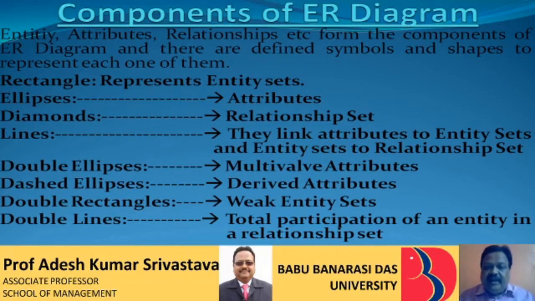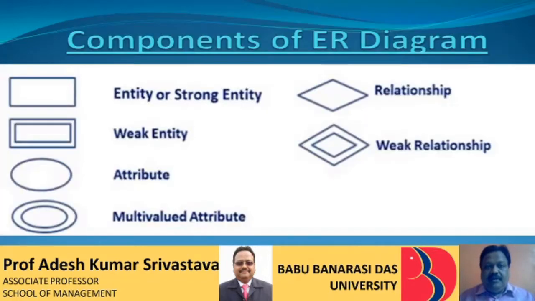They link attributes to entity sets and entity sets to relationship sets. Likewise, we use double ellipses to represent multi-value attributes and dashed ellipses to represent derived attributes. A double rectangle represents weak entity sets. Double lines represent total participation of an entity in a relationship set. So now we'll be discussing all these shapes one by one in a detailed way.